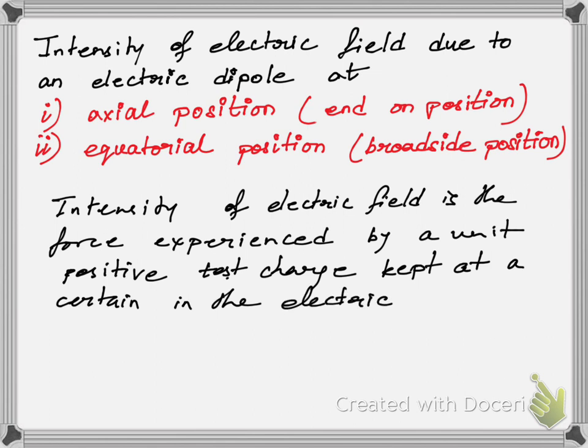And the expression for intensity of electric field due to a point charge Q is given by E is equal to 1 by 4 pi epsilon naught Q by R square, where we are determining the intensity of electric field due to the charge Q at a distance R from it.